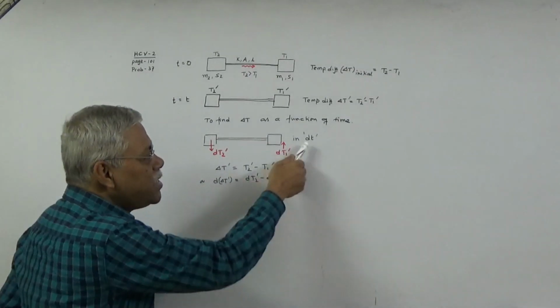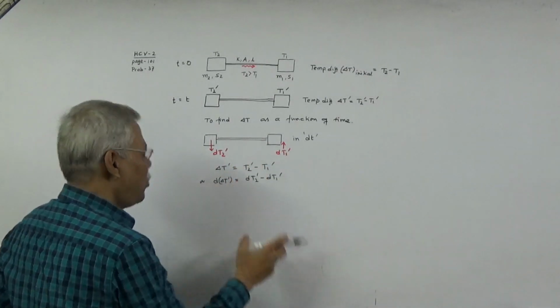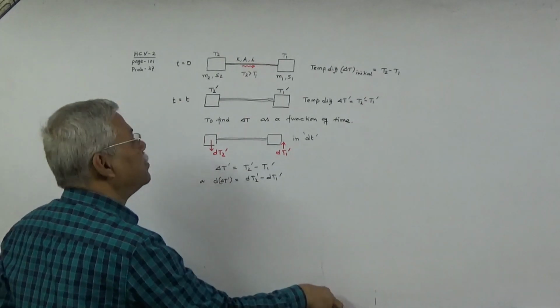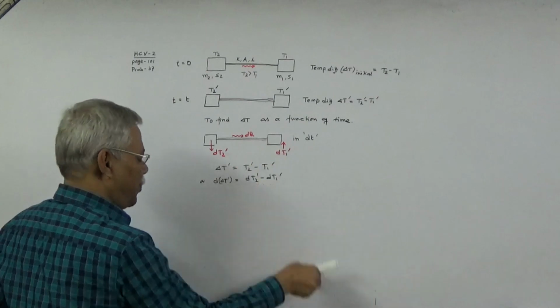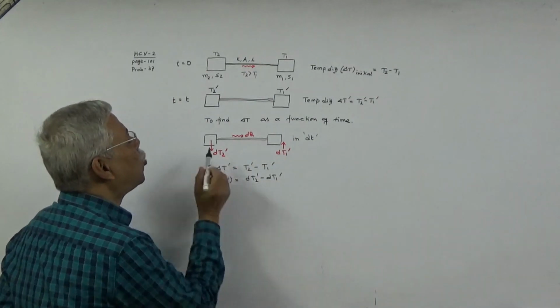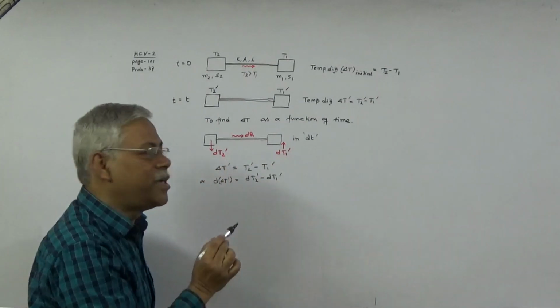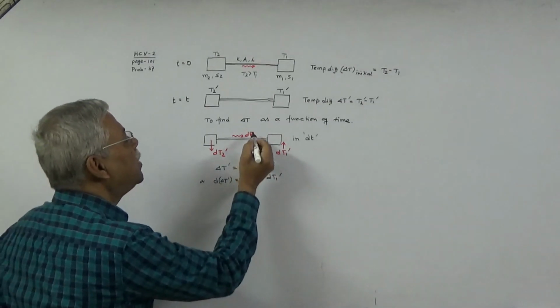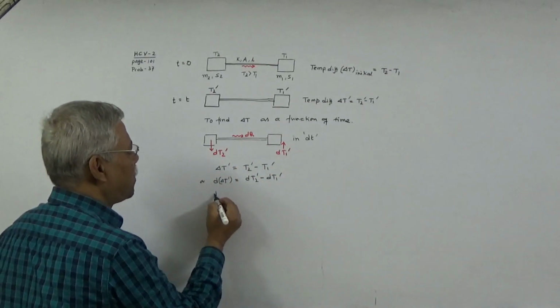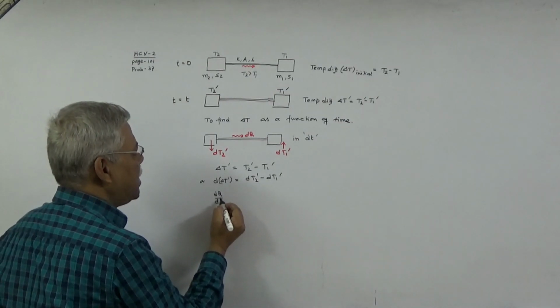So let in dt seconds dQ amount of heat has gone from the body at higher temperature to the body at lower temperature. What is the rate of change of heat?